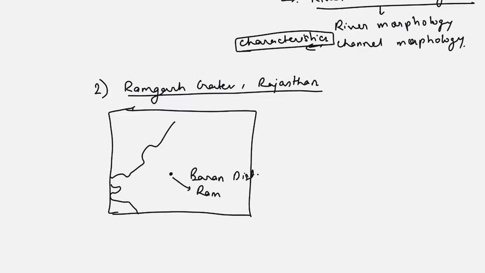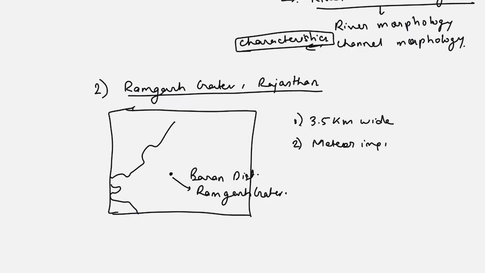When we look at its characteristics, it is almost 3.5 kilometer wide. Number two, this crater has formed because of a meteor impact. This is also called a meteor crater.